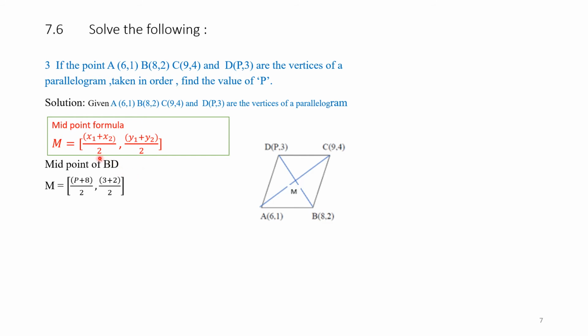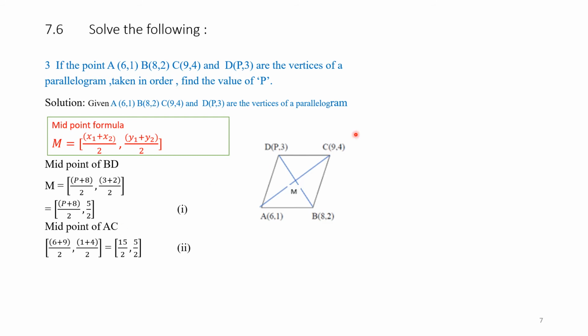Therefore, now let us put the values for the line DB. It is P plus 8 divided by 2 comma 3 plus 2 divided by 2. That is, simplifying, we write P plus 8 by 2 comma 5 by 2. Let it be equation 1.